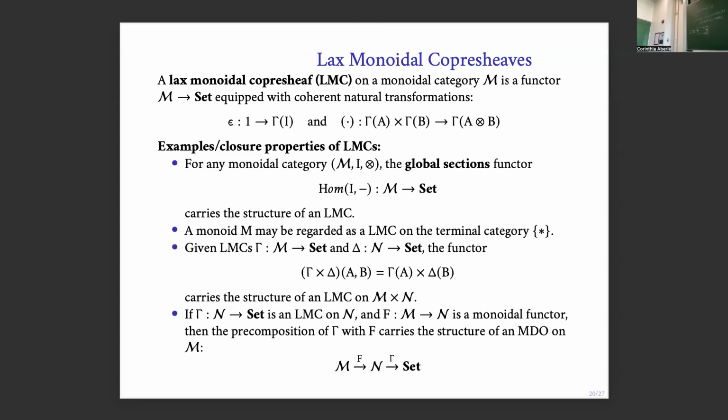Yes? So is the lax part of it that epsilon is also not an isomorphism? Yes, exactly. Otherwise, if we weren't lax, it would be like the Hom I or the global sections functor.